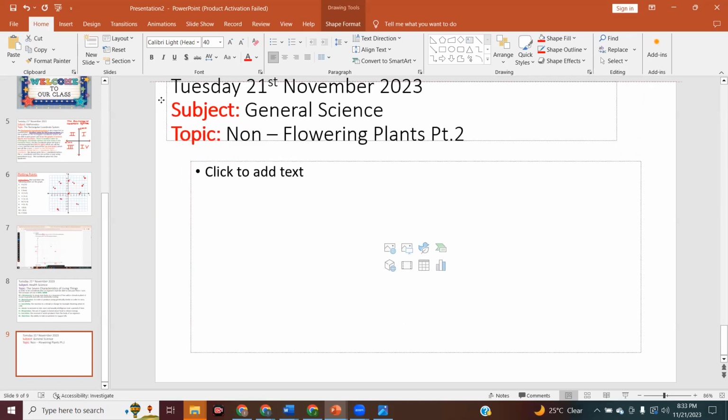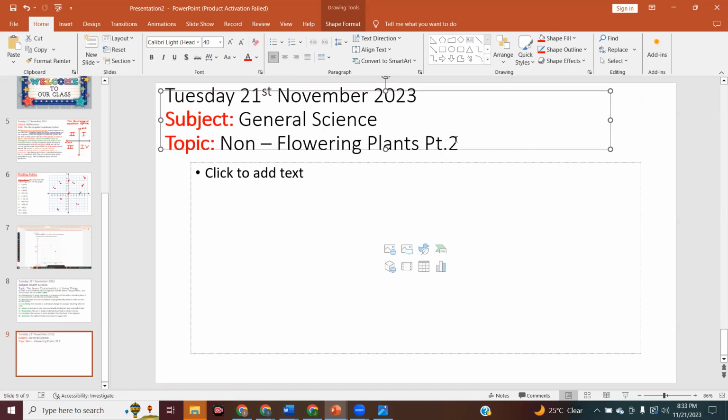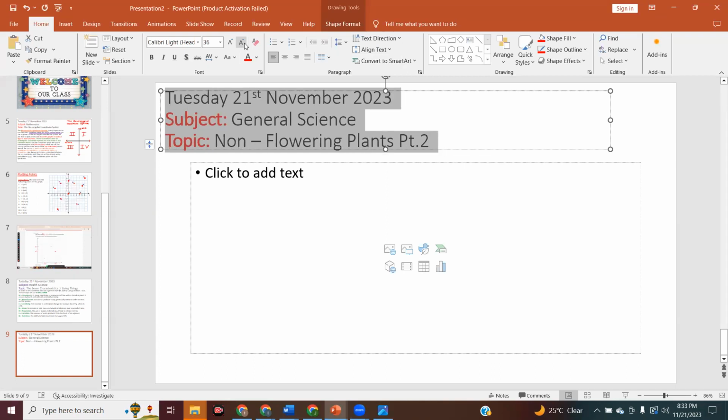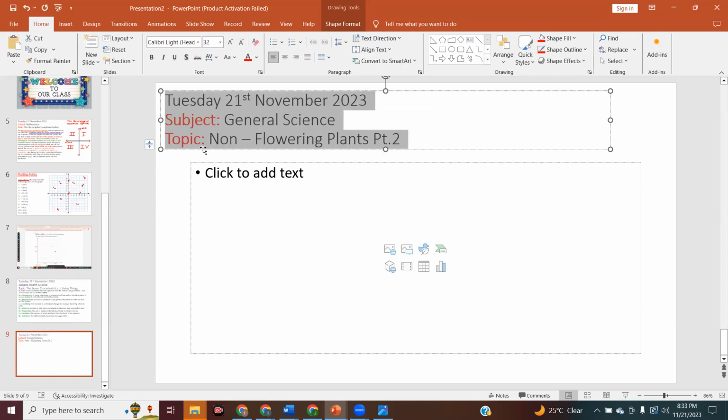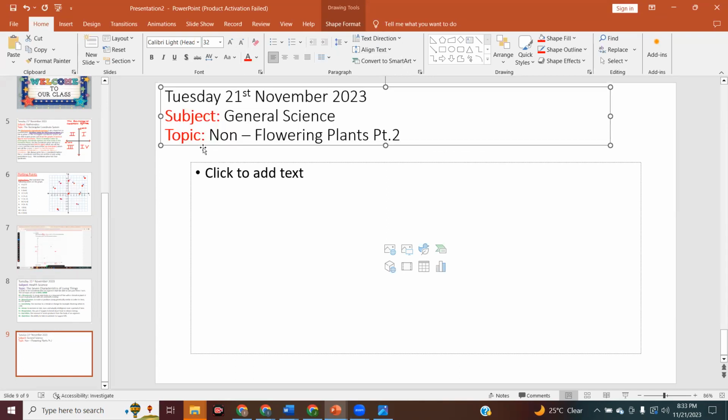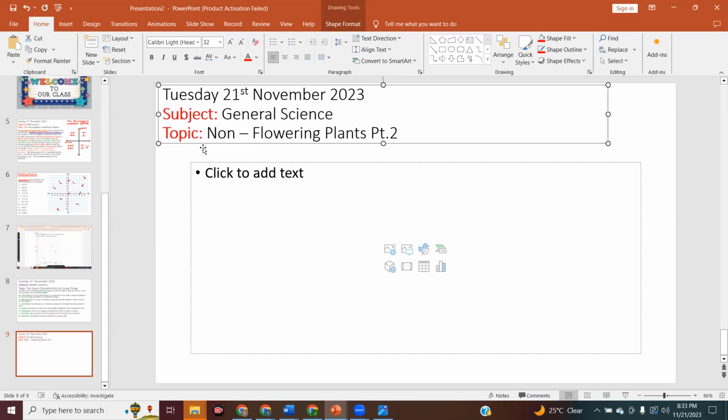From last week, what do we mean? Plants that cannot bear flowers. Plants that do not have any flowers, right? Those are what we call non-flowering plants. Give me 2 examples of non-flowering plants that we talked about last week. Algae and moss. Algae and moss, very good.